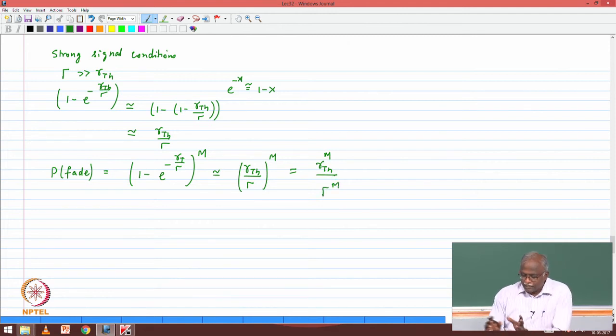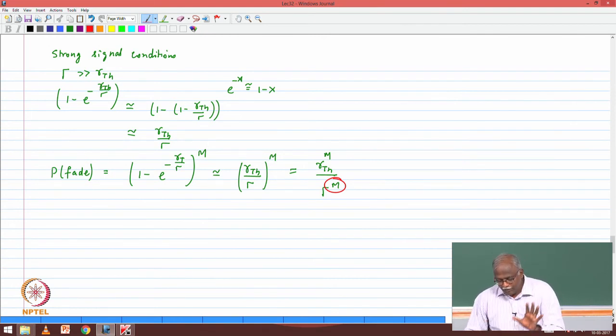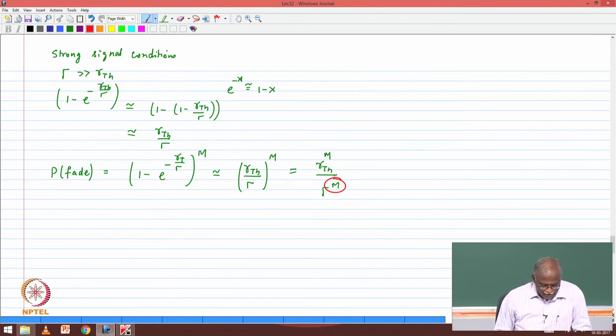So the SNR comes very directly in terms of the benefit of diversity. Okay, so the key thing is these are going to have a huge impact, because if you had only one antenna, it will be gamma threshold by gamma. If you have two, it becomes by gamma squared, then gamma cubed. So you're starting to see the benefit of diversity under strong signal conditions. That is a useful result for us to keep.